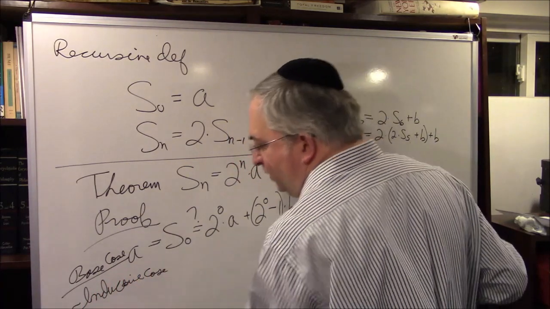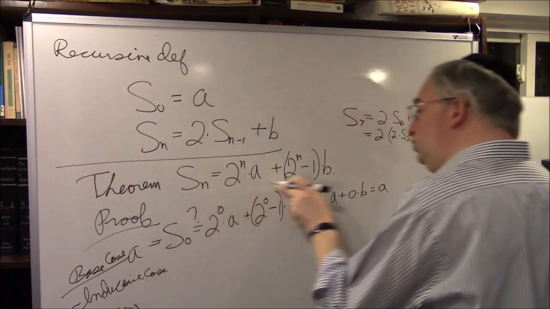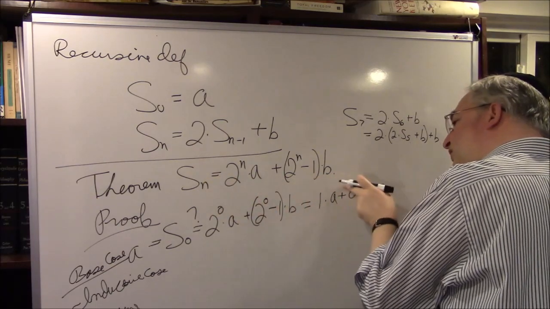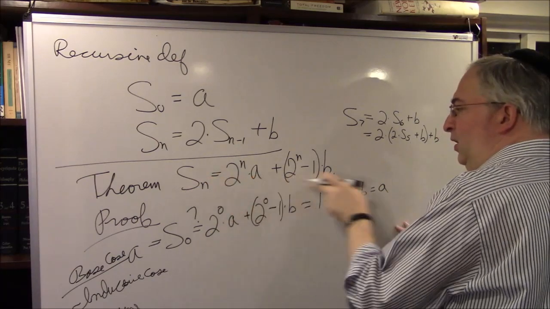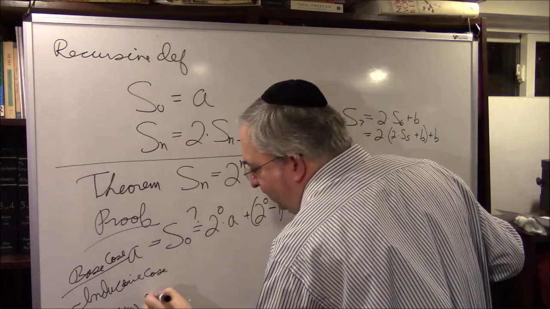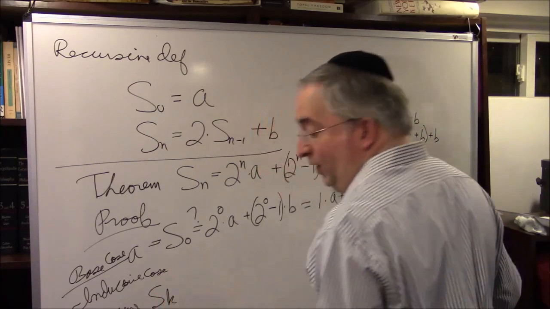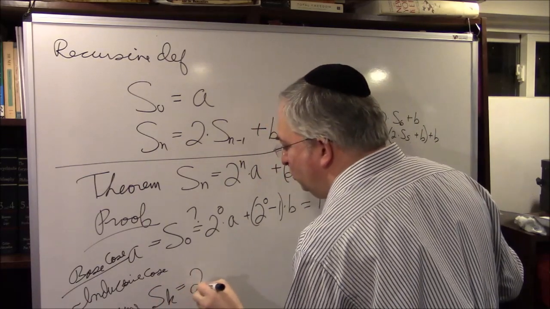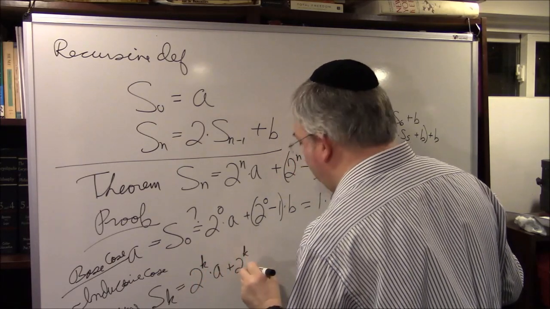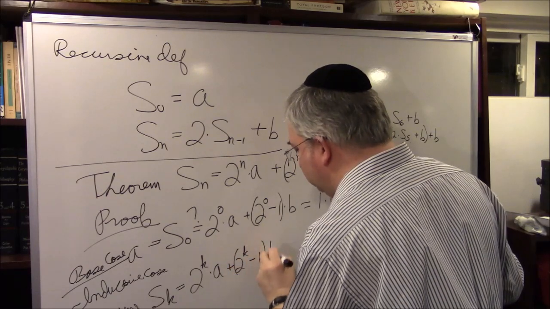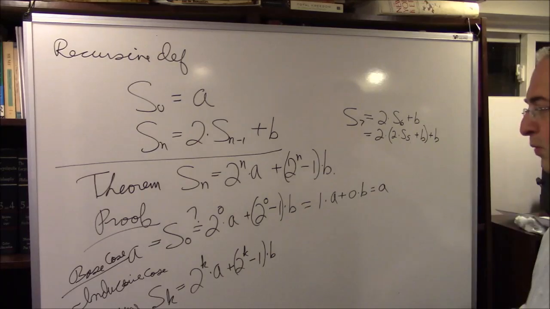Okay, let's do it. Assume, what are we assuming? We want to do this for n equal to k. So what do we want to show? We want to show S sub k, for any k, is equal to 2 to the k times A plus 2 to the k minus 1 times B. Excellent. That's what we assume. What do we want to do now?